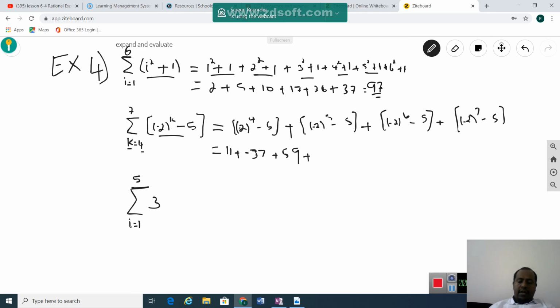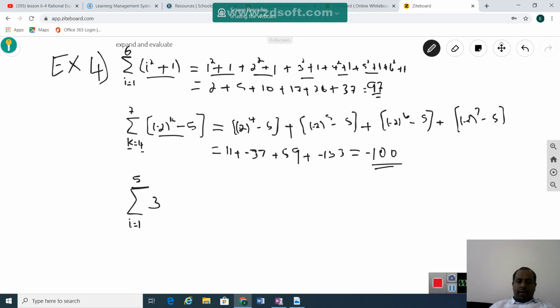Negative 128 minus 5 will be negative 133. The sum of these integers will be equal to negative 100. So this is example 4b.